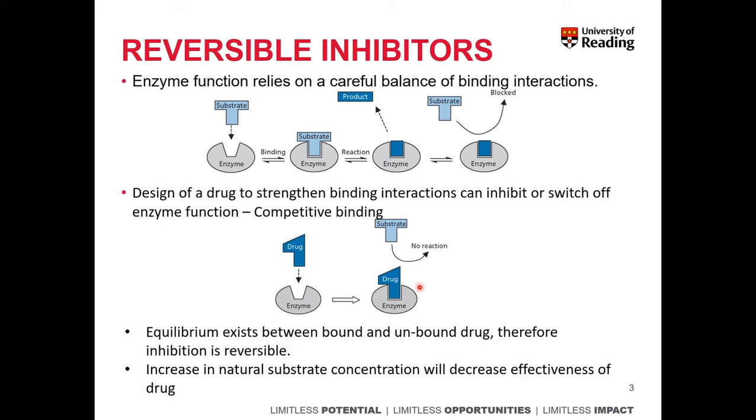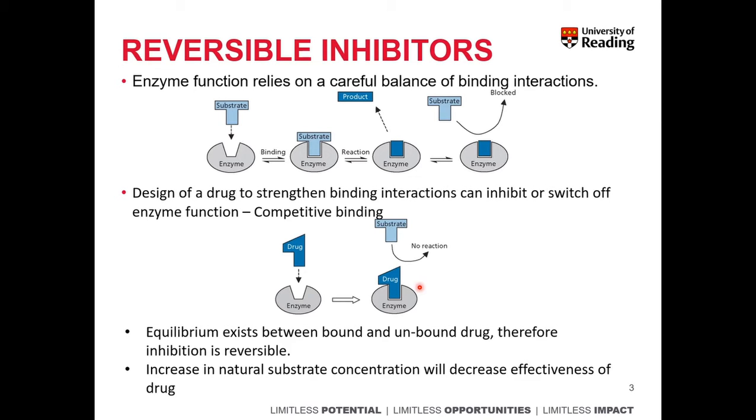And the more we can increase the binding strength between the drug molecule and the enzyme, the longer the drug molecule will stay in the active site. And that will shift the amount that we have that is bound and therefore not available for binding by the substrate versus unbound, where substrate or drug molecule could enter into.